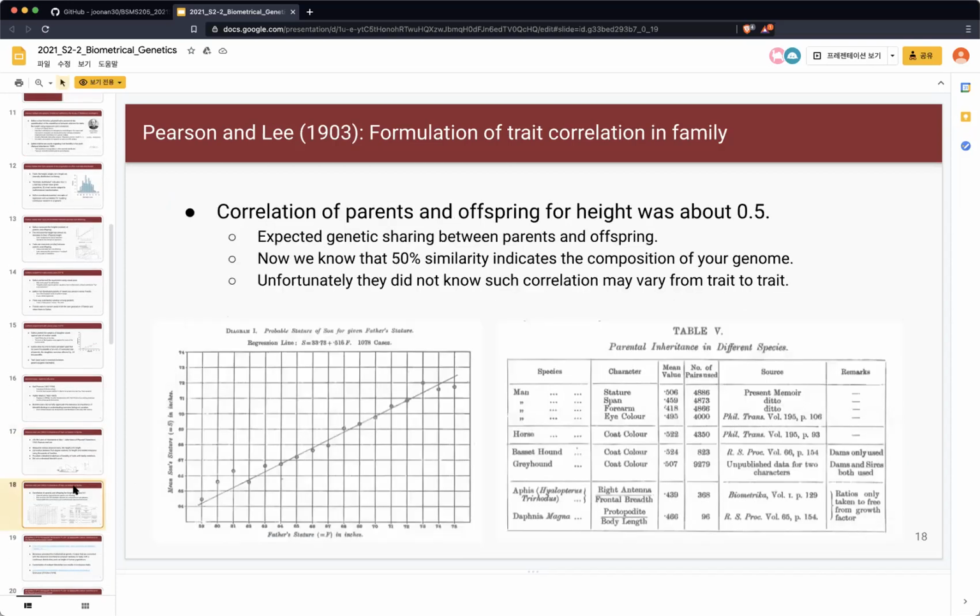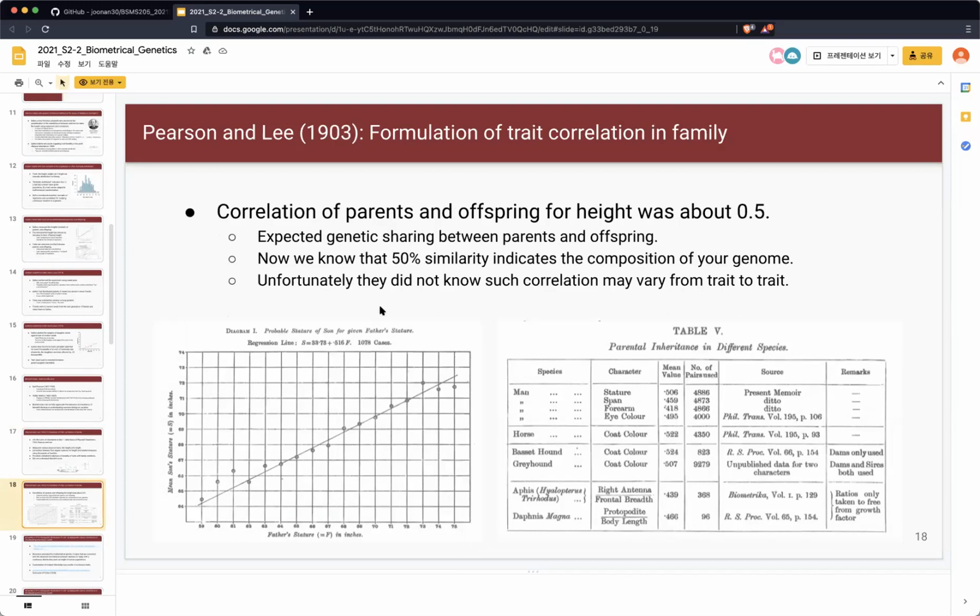Then he put it into a correlation calculation, drew the regression lines, and saw whether these traits are correlated or not. As you can see from here, the traits are correlated between the parents and children, and there is quite high similarity. And they found about 50% similarity between the parents and child.